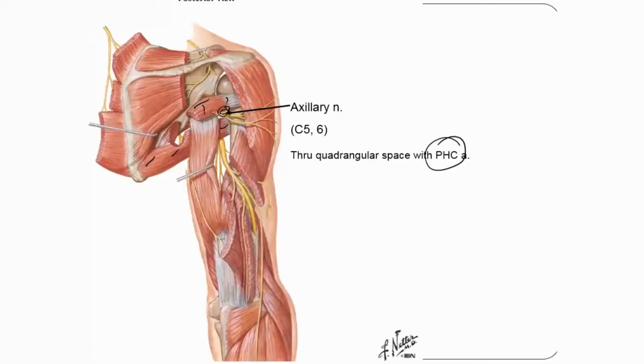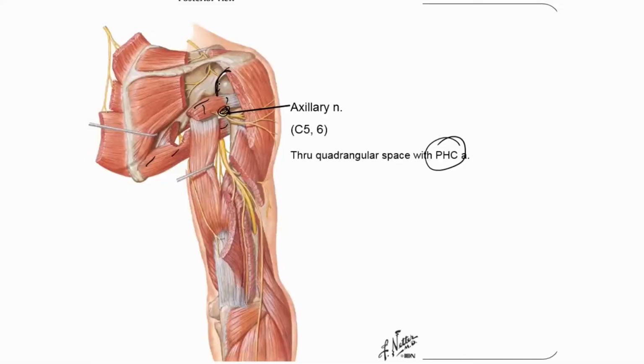Because of the location of that particular nerve, it is very susceptible to injury when we have dislocation at the shoulder. So if the head of the humerus is dislocated, it usually ends up in an anterior inferior location. And that action alone of dislocating can cause trauma to the axillary artery, or in some cases, reduction of the humerus into the glenoid fossa that we can see here.